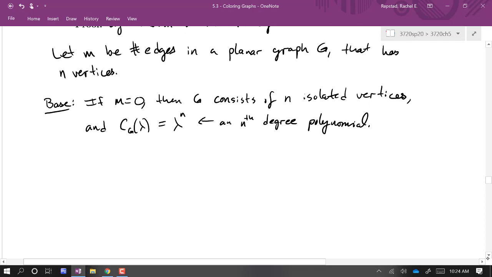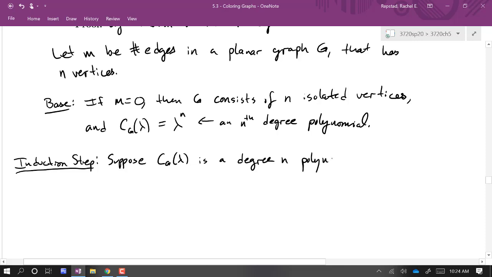Okay, now for the induction step. Here's our induction hypothesis: let's suppose that the chromatic polynomial for G is a degree n polynomial for all planar graphs with n vertices and k edges.